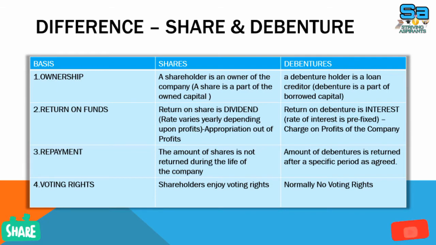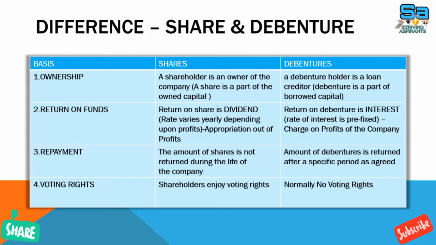And in the case of debenture, the return that the debenture holders will be getting is called interest. This rate will be prefixed, fixed in the beginning of that particular contract. This should be provided even if there is no profit to the company. So it is called a charge on profits of the company.